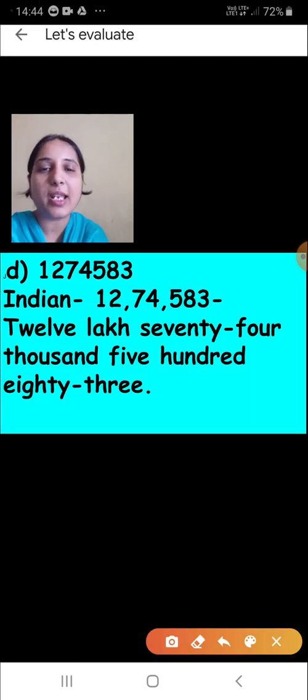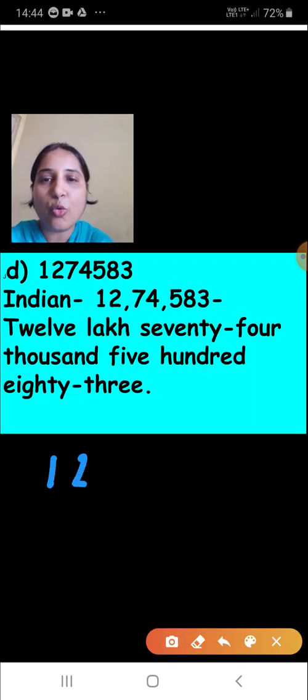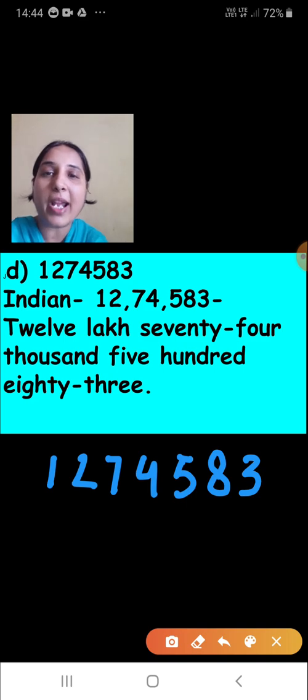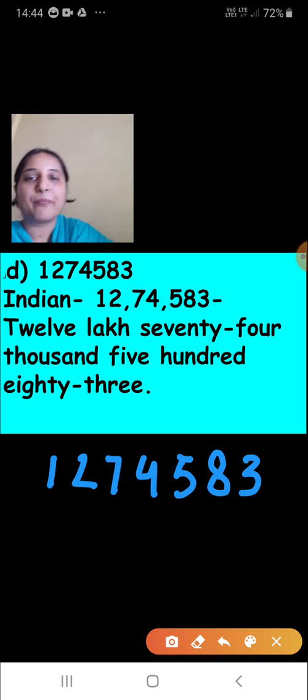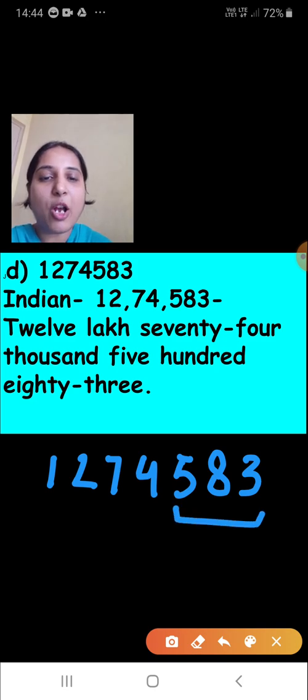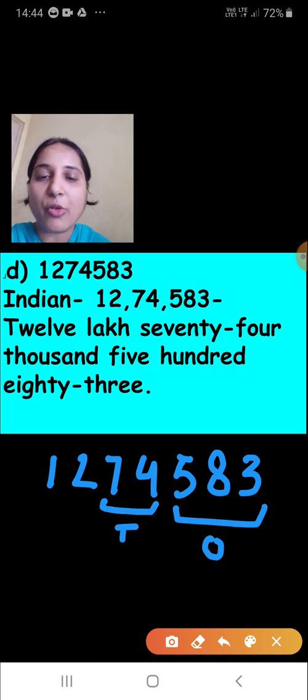Now this one is 1, 2, 7, 4, 5, 8, 3. First we will put the commas according to their places. This 5, 8 and 3 will come in the period of ones, isn't it? Then 7 and 4 will be in the period of thousands, and 1 and 2 are in the period of lakhs.